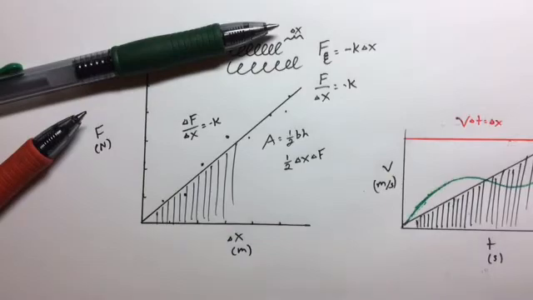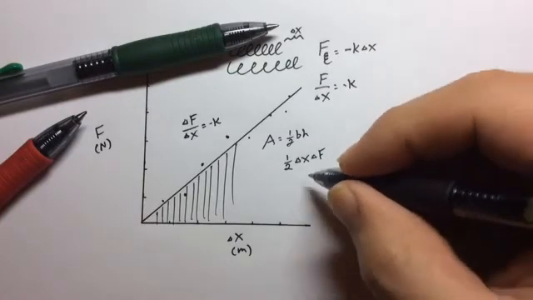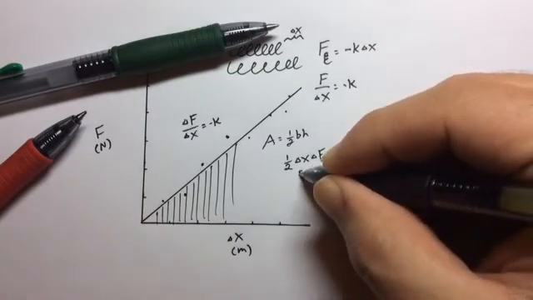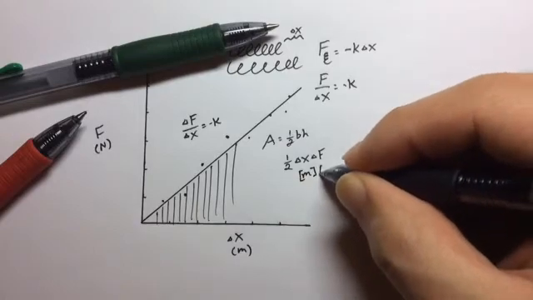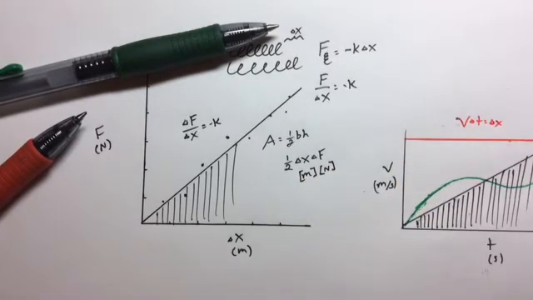Well, what does that give you? Let's take a look at the units. The units of x are meters. The units of F are newtons. We have newtons times meters. In the previous video, we learned that newtons times meters is equivalent to joules.